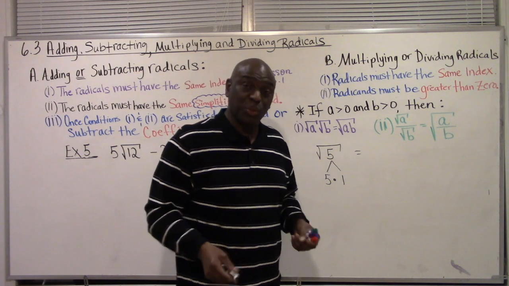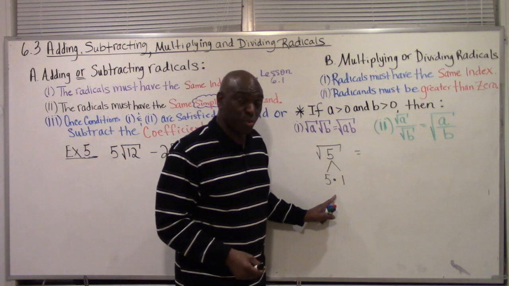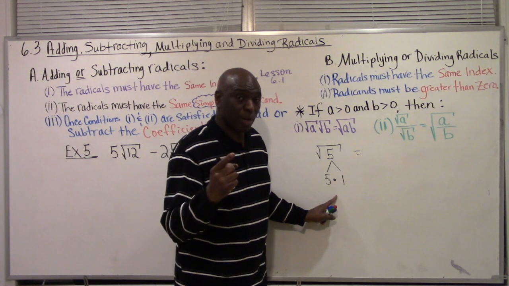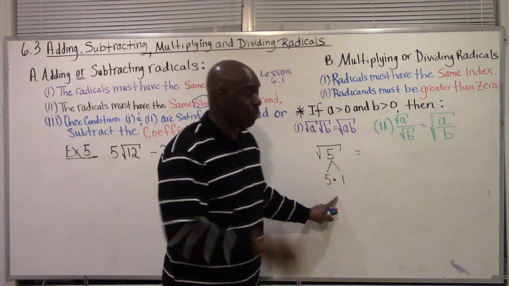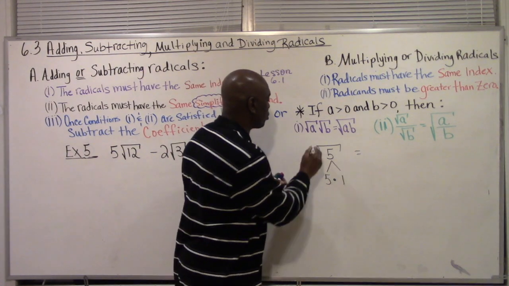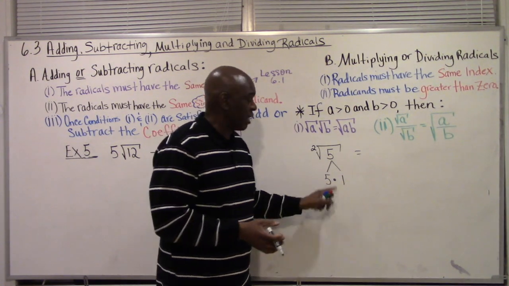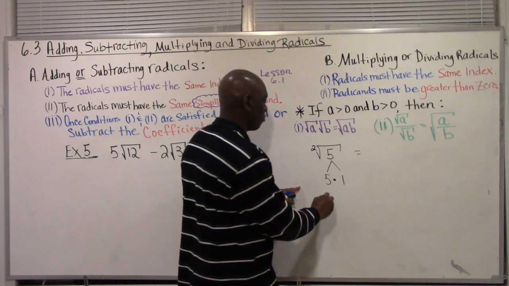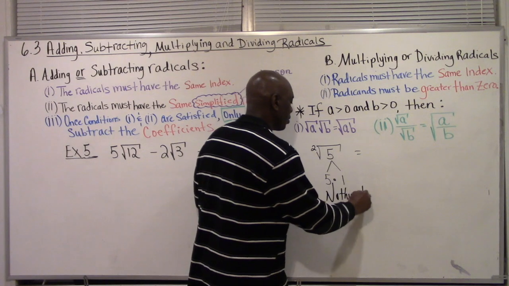Now, for those who do remember, is there anything we can group right here? Because we're grouping by what? 2s, 3s, 4s, 5s, or what? Group by 2s, because the index here is a 2. So we have to group by 2s. Is there anything for us to group here? The answer is no. There is nothing to group.